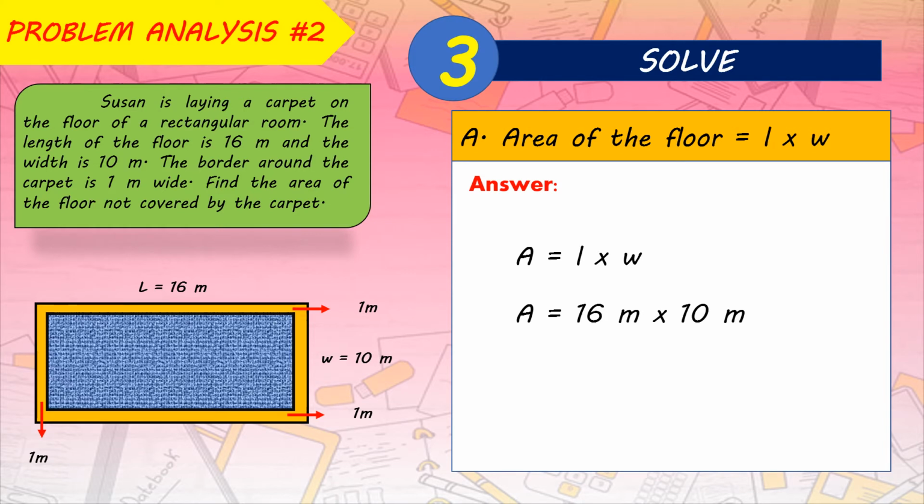Very good. We are going to substitute the formula with the given measurements. So we will have area is equal to 16 meters times 10 meters. If we multiply those, what will be the answer? You're right. We are going to have area is equal to 160 square meters. Very good.